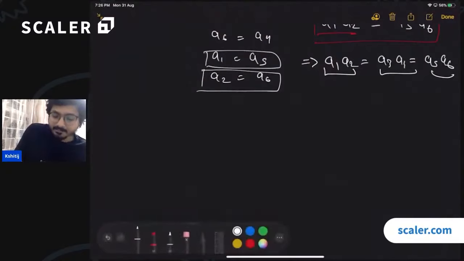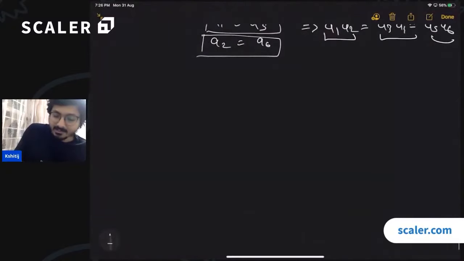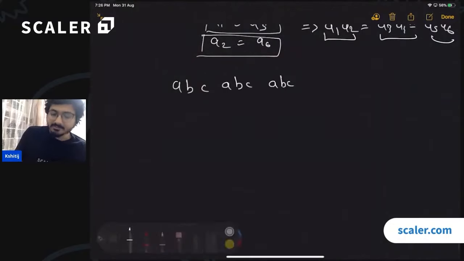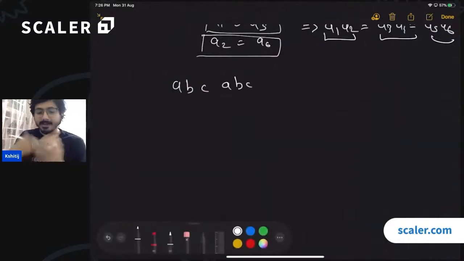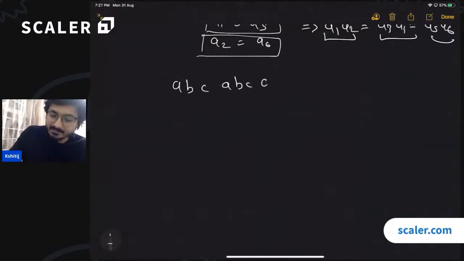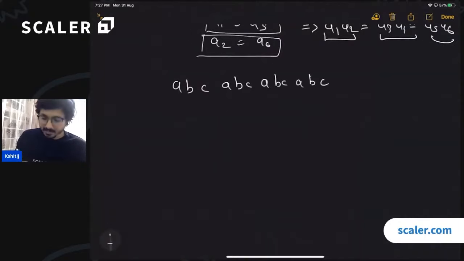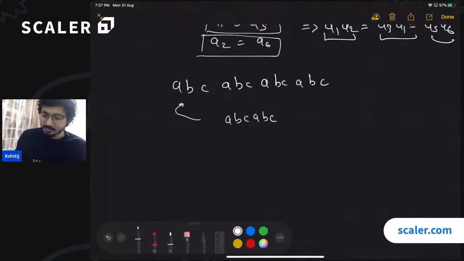If we have ABC, ABC, ABC, okay, let's take a smaller string. First we append it to itself, so we get ABC, ABC. Now we'll find the occurrence of the original string in this new string.